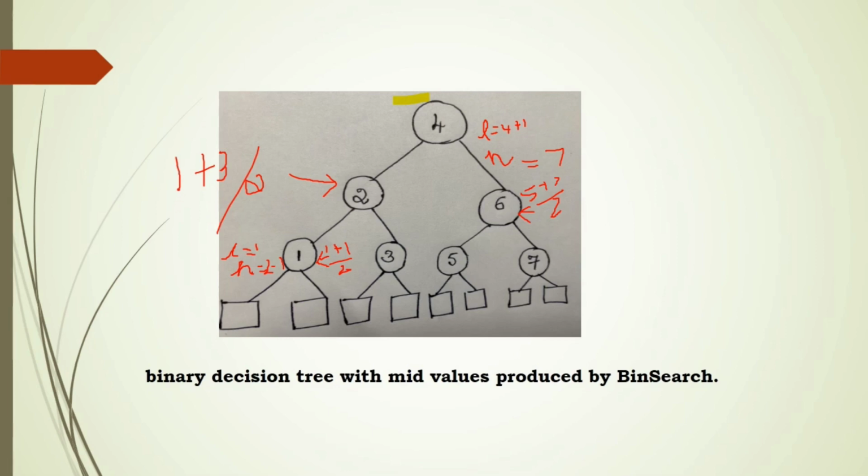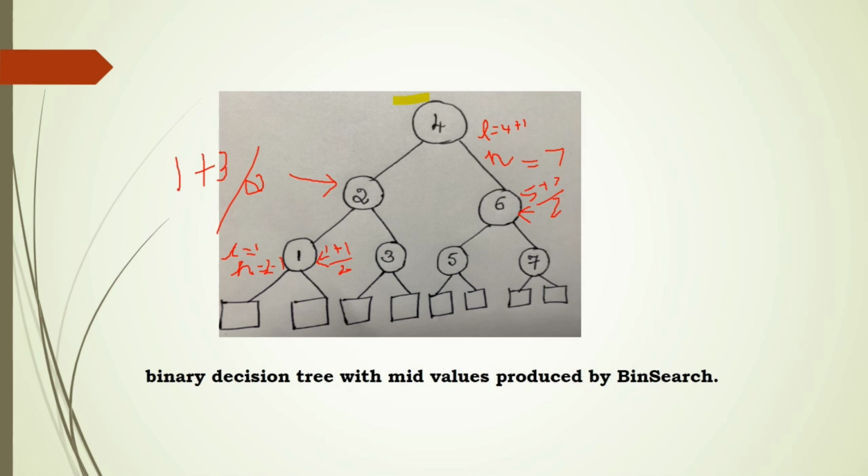So let us see how the mid values are calculated. First we have low value as 1 and high value as 7. So low plus high is 1 plus 7 divided by 2. So mid value is 4. That becomes your root node, the first parent.